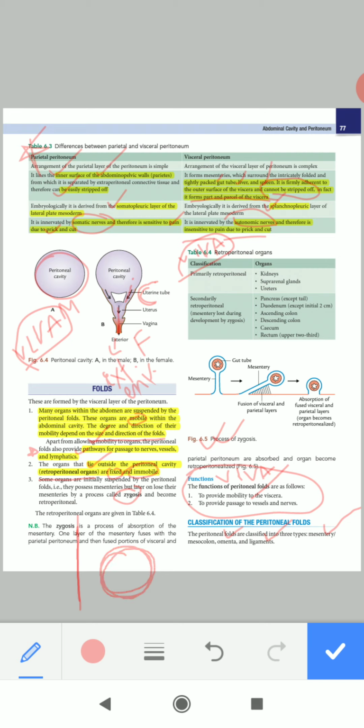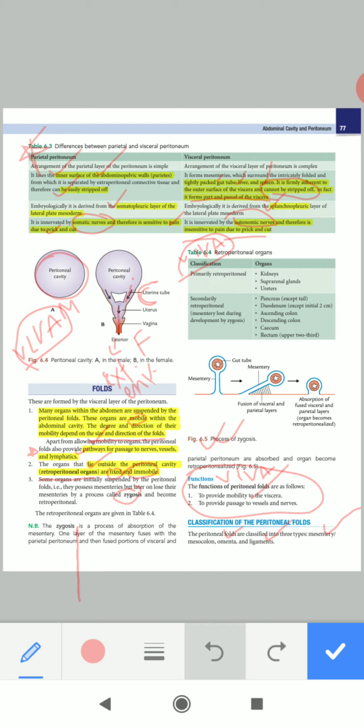So this organ is known as a retroperitoneal organ. So the retroperitoneal organs are covered only anteriorly by the peritoneum, but posteriorly there is no peritoneum. Okay, so the retroperitoneal organs are covered anteriorly by the peritoneum, but posteriorly they are free.